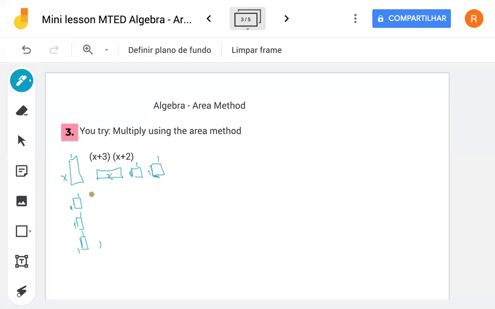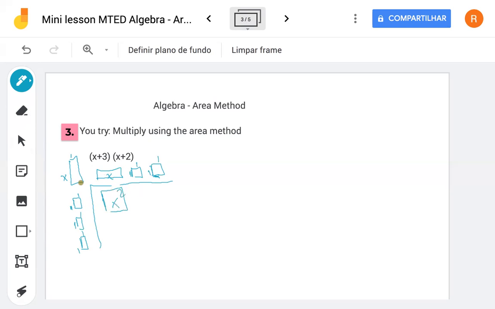Okay, let's do the multiplication. The length times the width. Oops, don't forget it. Sorry. It's better when you draw correctly. So let's continue here. First, we need to do x times x. Sorry about that. It will be x squared.